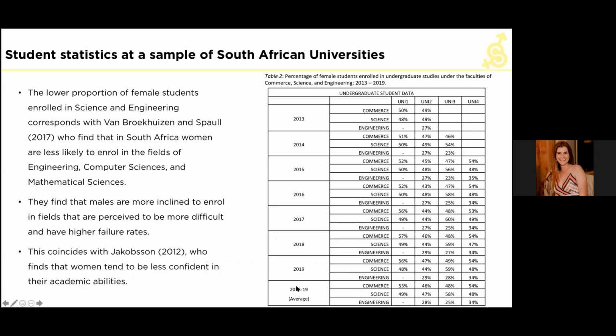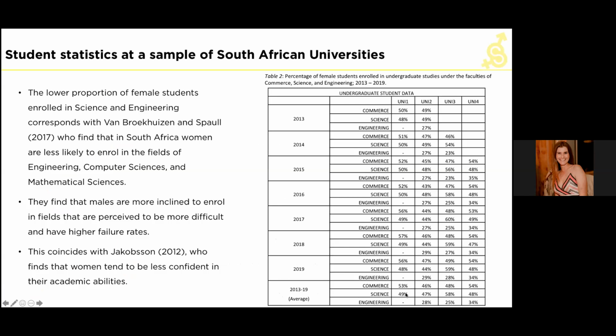Here we can see the average figures between 2013 and 2019. At University 1 and 4, there's a higher female share enrolled in commerce, but a lower share at University 2 and 3, and this seems to be swapped the other way around in science.